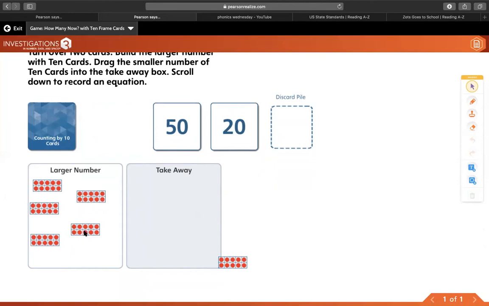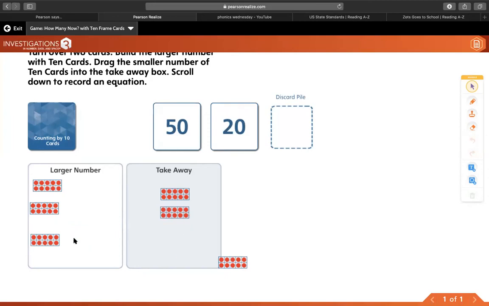Or 5 groups of 10. 1, 2, 3, 4, 5 groups of 10, which equals 50 dots. Right now I need to take away 20 dots or 2 10 frames. So here's 10, 20. That's also 1, 2 groups of 10.